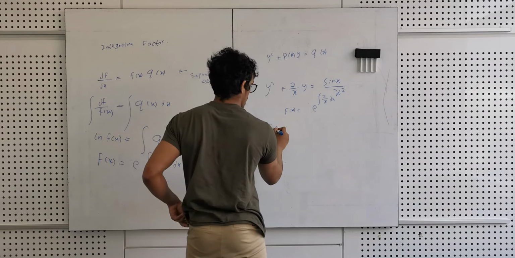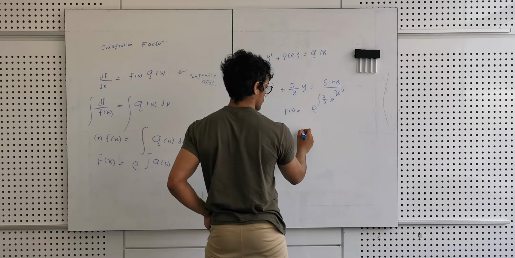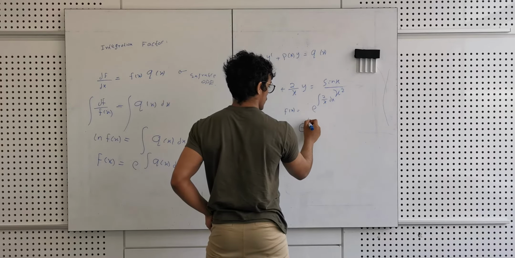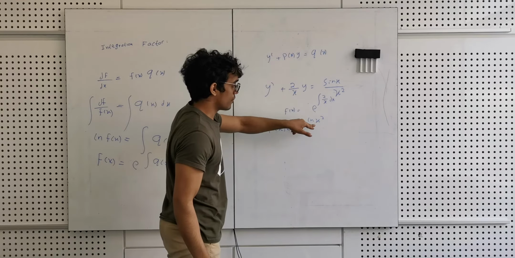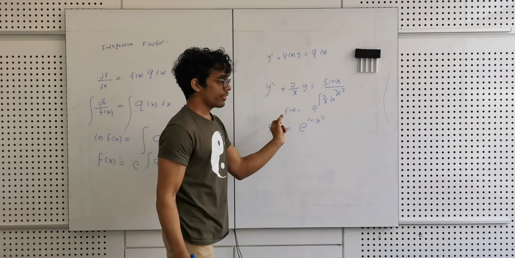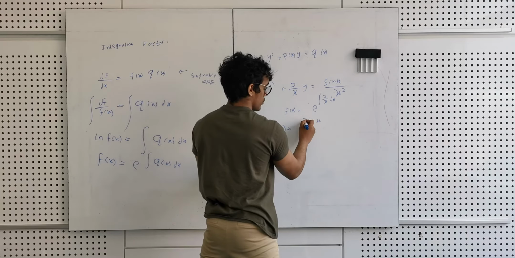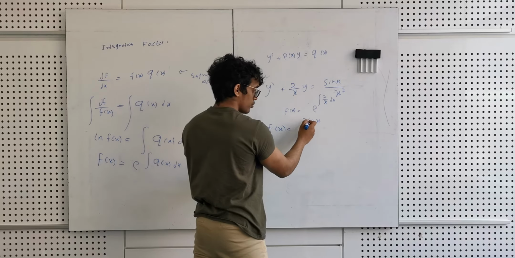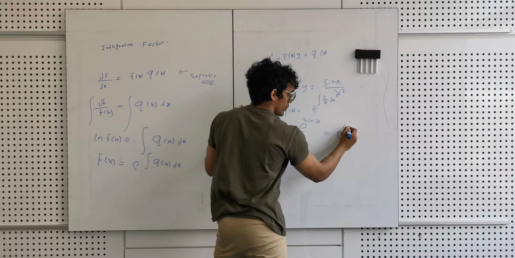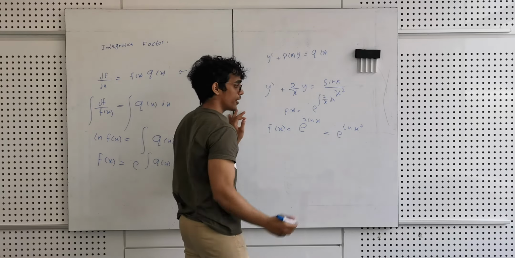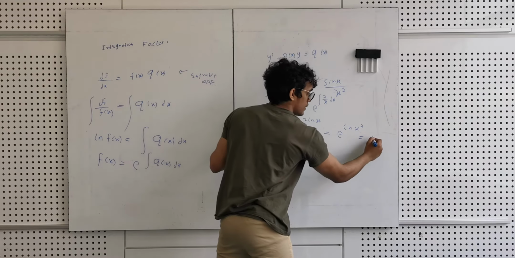And from here, f of x is going to be equal to e to the power of 2 ln of x, which can be written as e to the ln of x squared by the power rule of exponentials, which is equal to x squared.